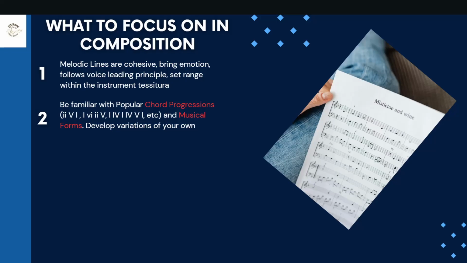You can modify it, and you can make your own chord progressions based on that. But knowing those familiar chord progressions will get you to a spot where you're able to make decisions much faster and understand the baseline.